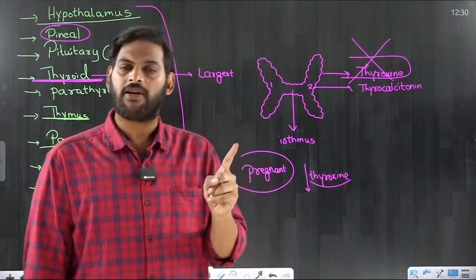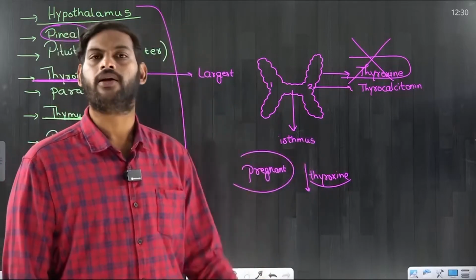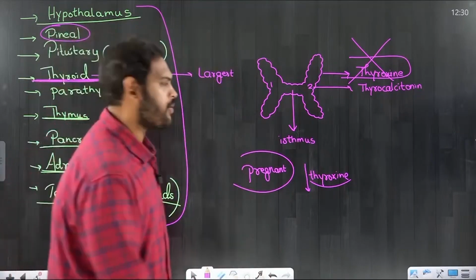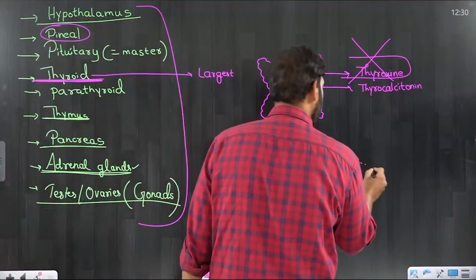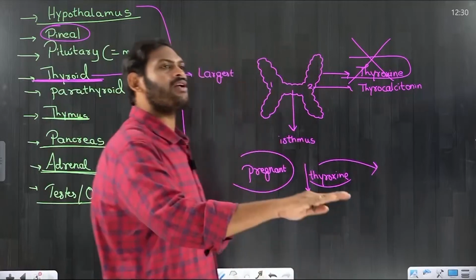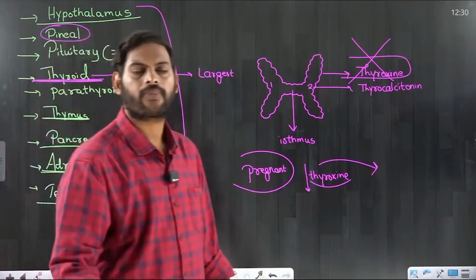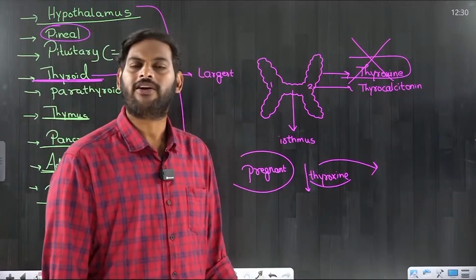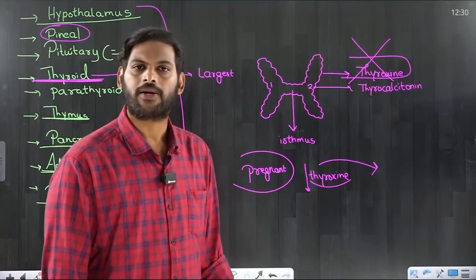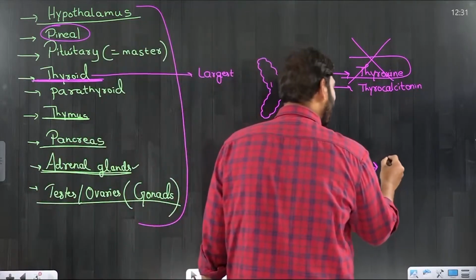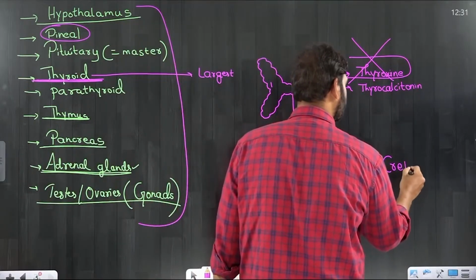If a pregnant female has hypothyroidism, that is very, very dangerous for her baby. What do you call such a condition? The baby born to her will have stunted growth, short stature, mental retardation, congenital defects in body parts, and disturbance in metabolic events. We refer to those conditions as cretinism.